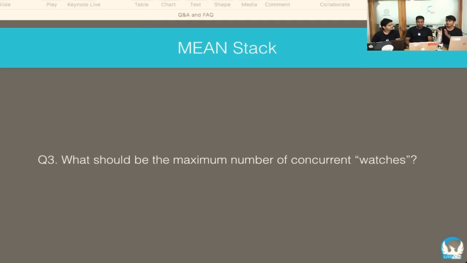Whenever you add a variable to the scope object, we have a dollar scope object in Angular, whenever you add any variable to the dollar scope object, it automatically gets added to the watch. So those variables get watched by Angular. So I think that concludes the answer.